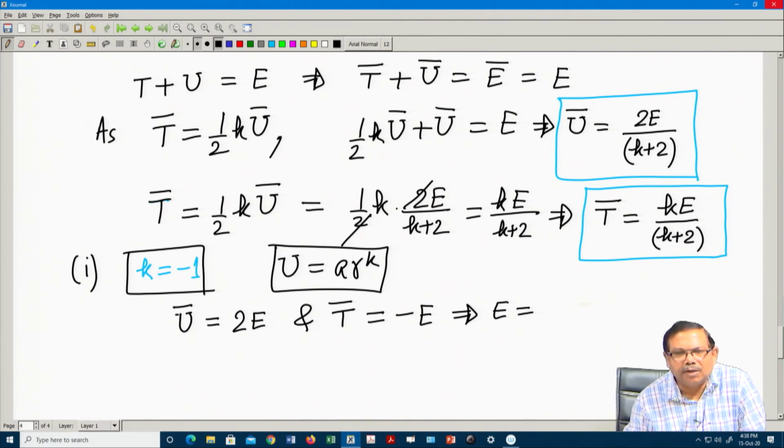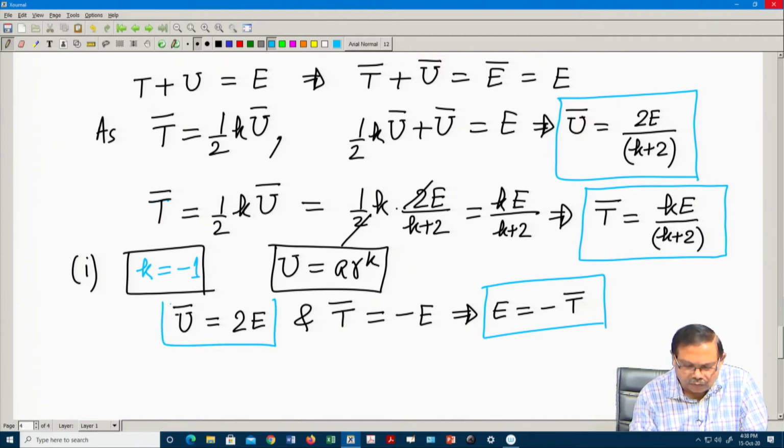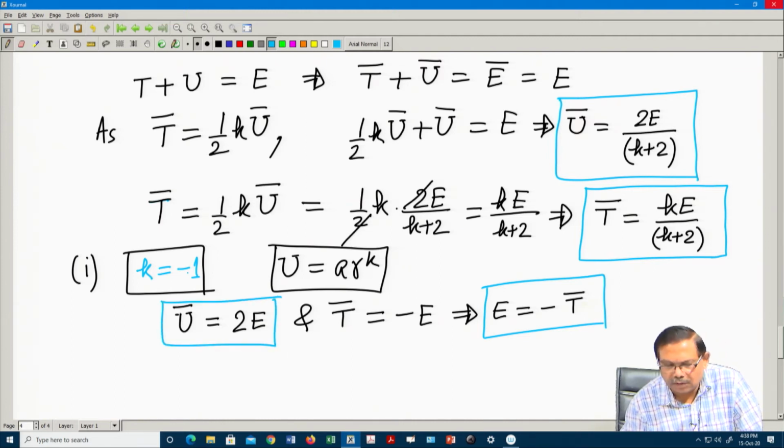So its time average value is always positive. So energy is negative in such cases, that is what we have learned. If k is minus 1, as in the gravitational or electrostatic field, the total energy is the negative of the kinetic energy. So total energy is negative.